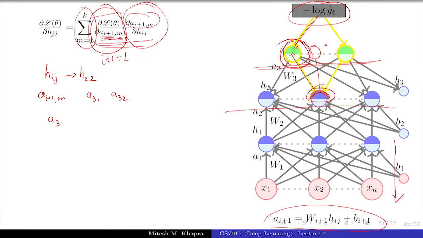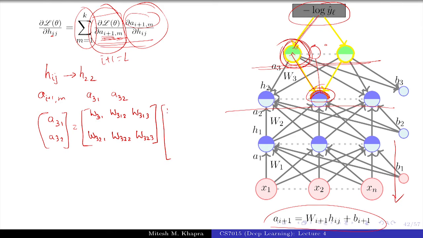Is this fine? This is how the next layer is related to the current hidden layer, plus biases.